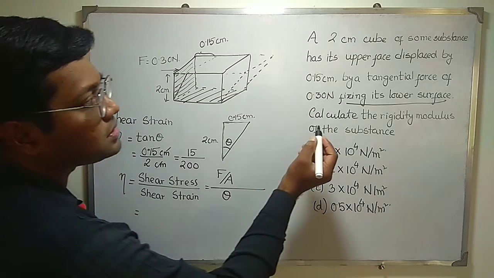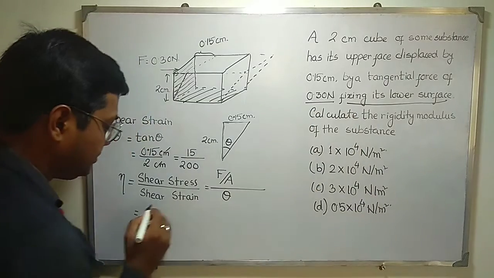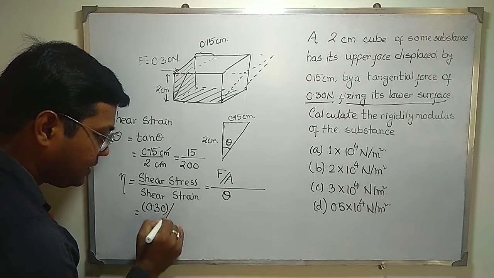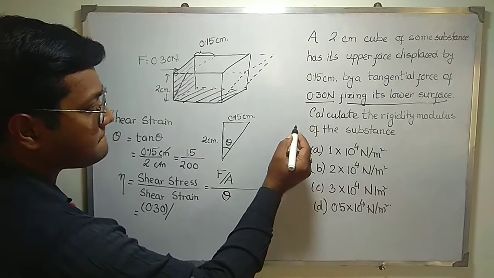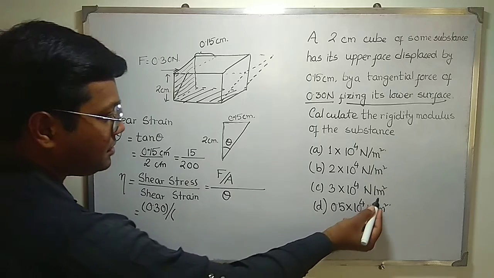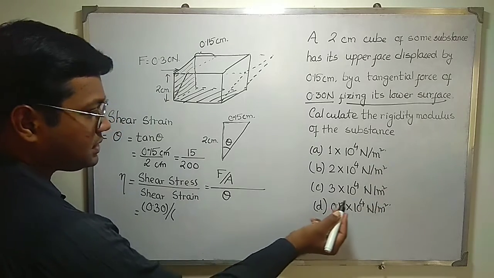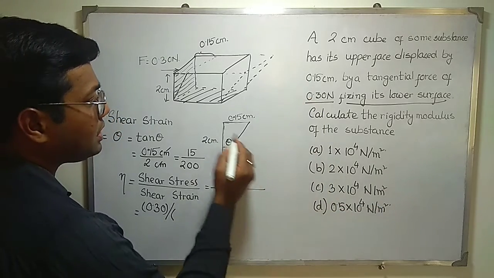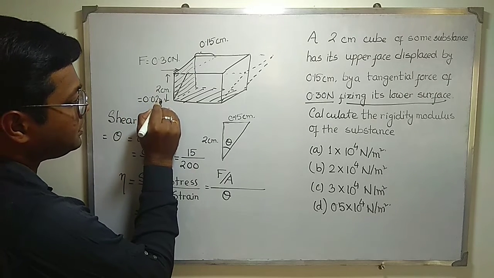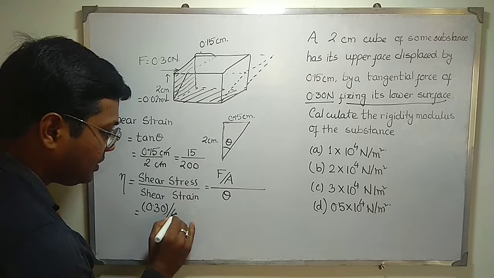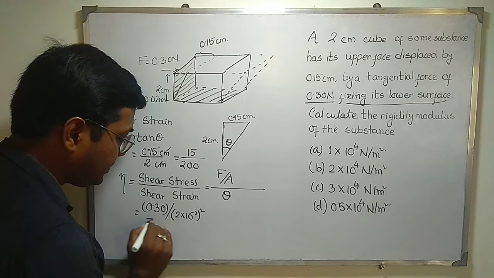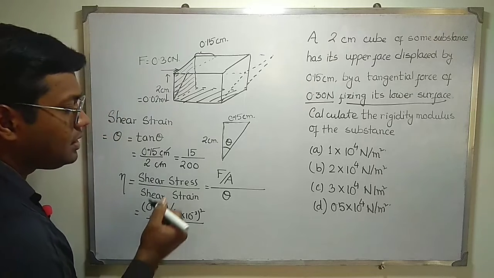The force applied is 0.30 Newton. So 0.30 divided by the area. We have to calculate in meters square because it is given in meters. So area, 2 centimeter equal to, we can say it is 0.02 meter, 2 divided by 100, or you can say 2 into 10 to the power minus 2, whole square, divided by theta.